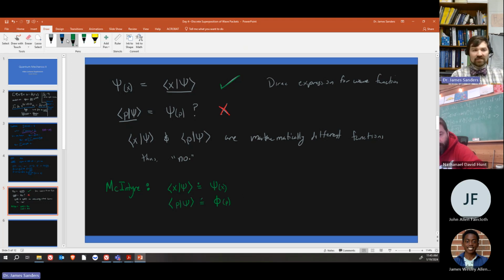I suggest maybe, and this notation's fine, but just for my own personal ease of following what's going on, we could instead use this set of notations.